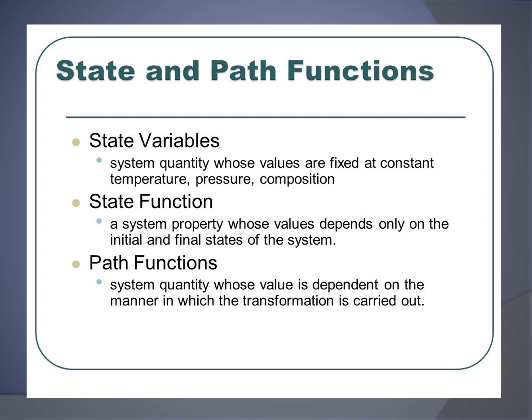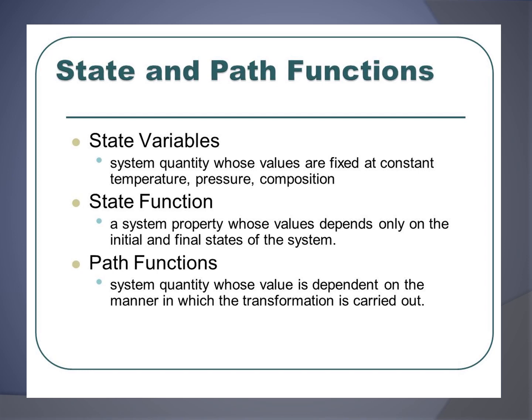So a state function is a system property whose value depends only on the initial and final states of the system. It does not depend upon the path. And what is the path function? Path function is a thermodynamic property whose value depends upon the path by which the system changes from the initial to final state. Example, work and heat. They will have different values if the process is carried out reversibly and irreversibly.